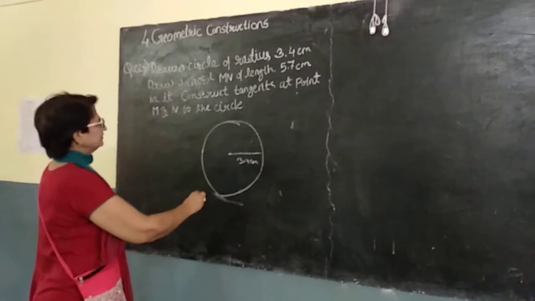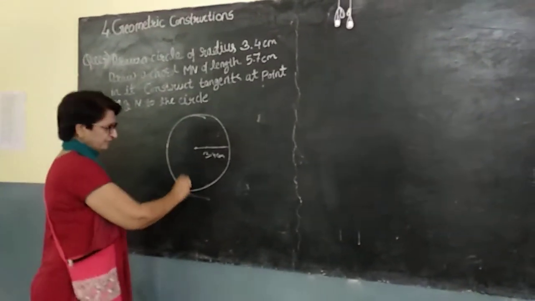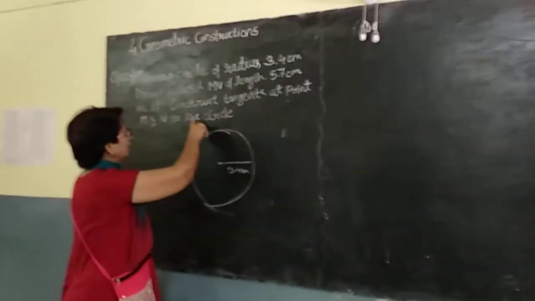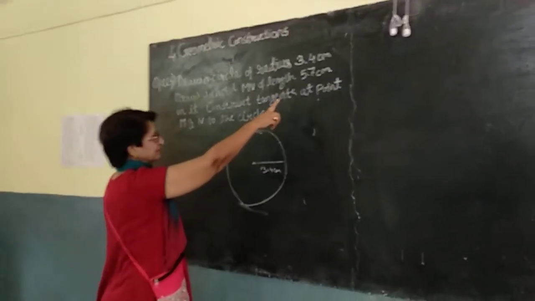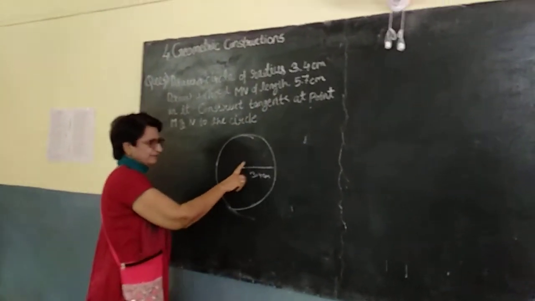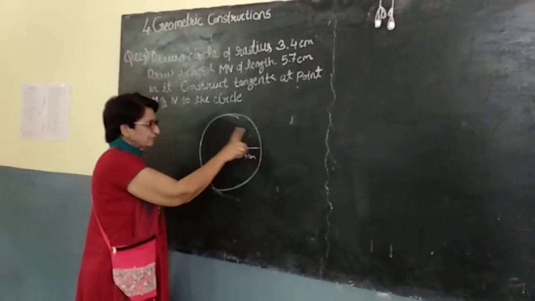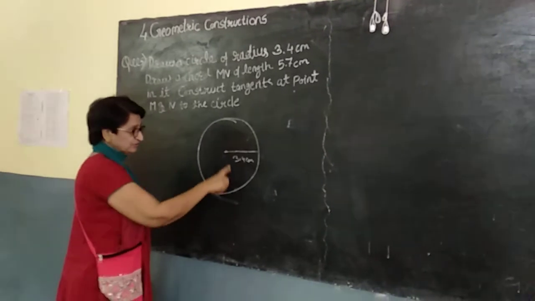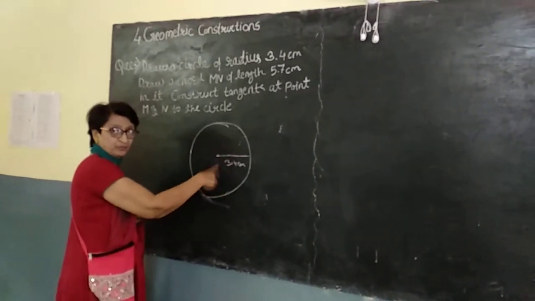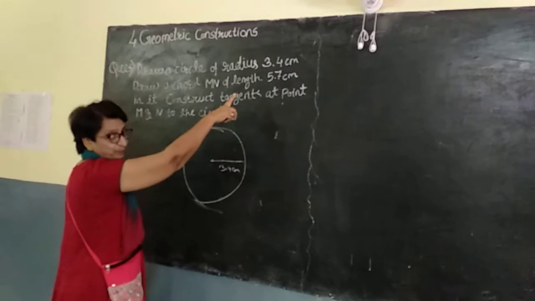Then we have to draw a chord of length 5.7 centimeter. It means that it will be longer than your radius, right? But it will not be the diameter, because the diameter becomes 6.8, double of this. It is not that, it is 5.7.